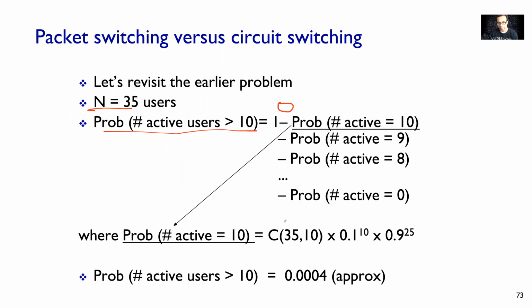Just forget the 35 for a minute. So nC10 times 0.1 raised to the power of 10, because remember each user is active 10% of the time. So p here is 10% and 1 minus p is 0.9.